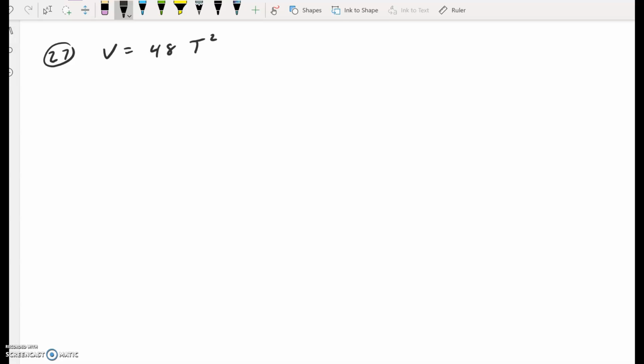Problem 27, we're given a formula to use to calculate LeBron James's hang time for his 44-inch leap. And so we have two variables.